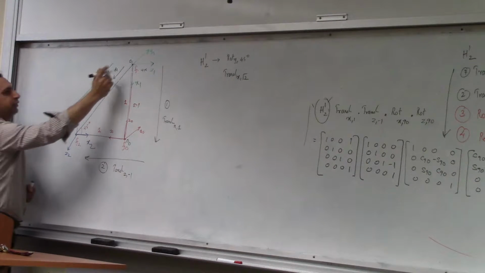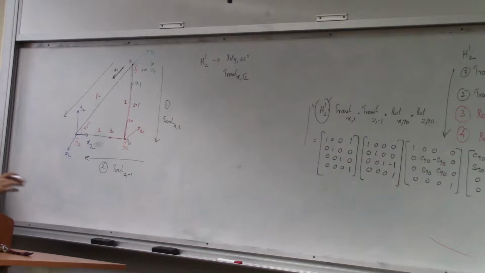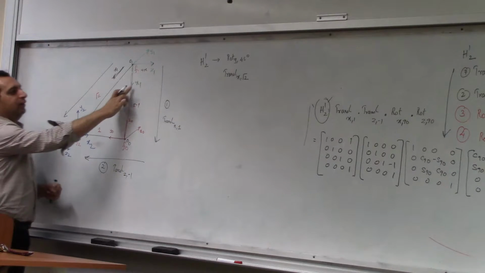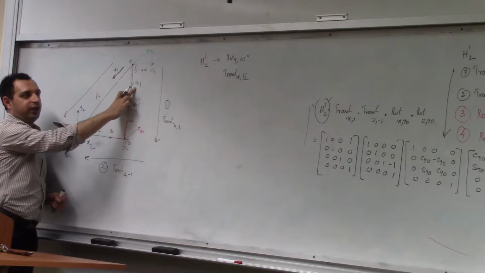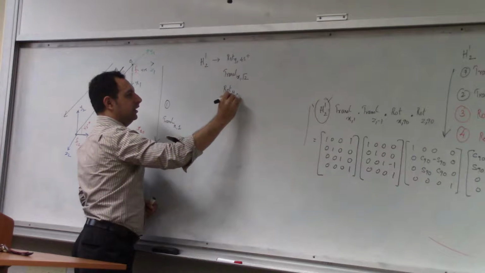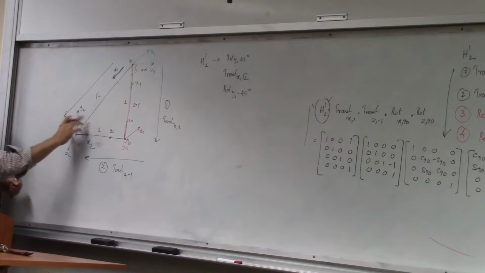So what I'm doing is I'm coming down along X. Now I want to undo this, so we can come back to the original position of X. So I'll rotate Y by minus 45. So what I've done is I've undone this.